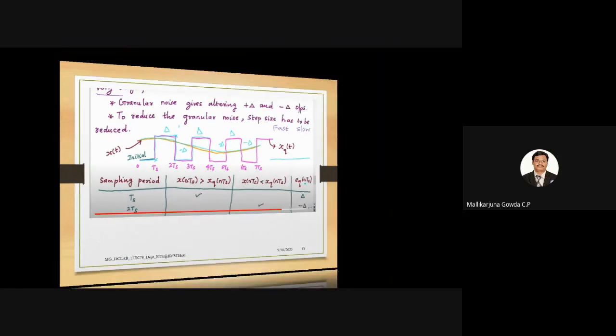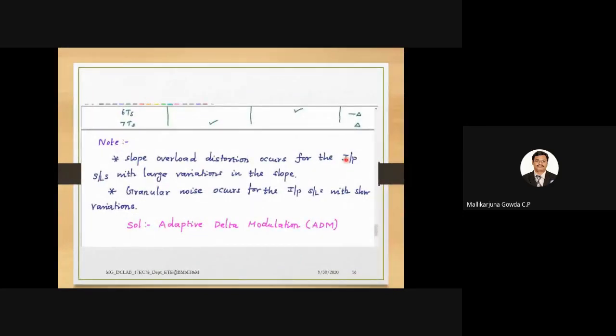Okay. So to sum up, slope overload distortion occurs for an input signal with large variations in the slope. The second thing is that granular noise occurs for an input signal with slow variations, right? To overcome the first problem, I said we need to increase the value of delta.